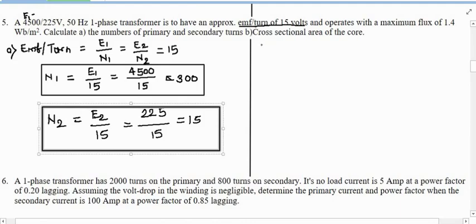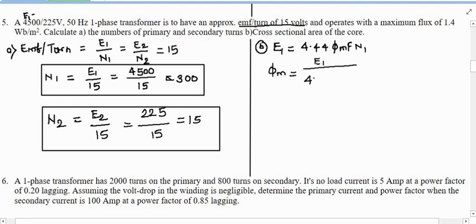Okay. Then in the second part, what we have to find out? Cross-sectional area of the core. So students, we know the EMF equation. Let us use the EMF equation to find this. EMF equation is E1 equals 4.44 phi m f N1. Now you have N1, you have E1, right? So phi m is nothing but E1 upon 4.44 f N1.